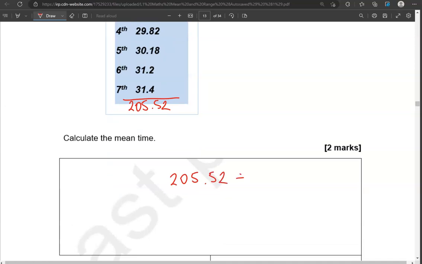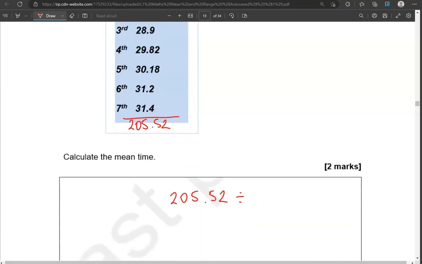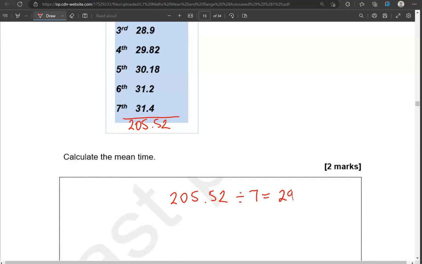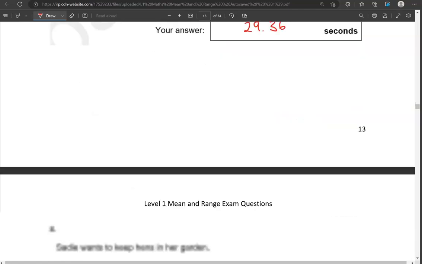Which we're going to divide by the 7, because there are 7 numbers there. And that gives us 29.36 seconds.